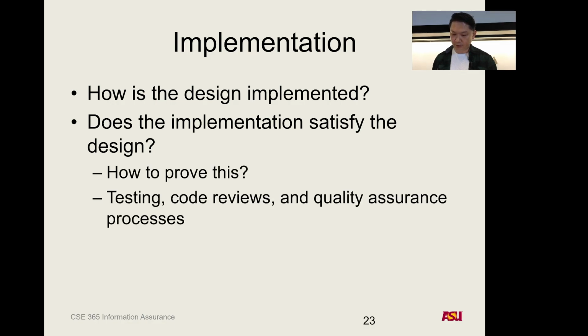In the stage of implementation, does the implementation satisfy the design? How to prove this? Again, the test and code reviews and quality assurance process. Through these kinds of steps, we can assure this implementation satisfies the design and specifications.